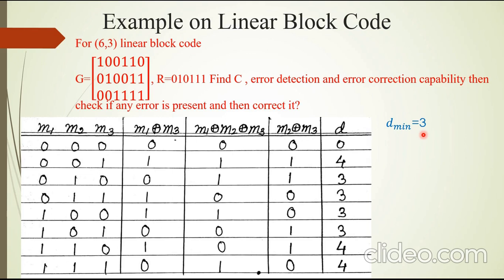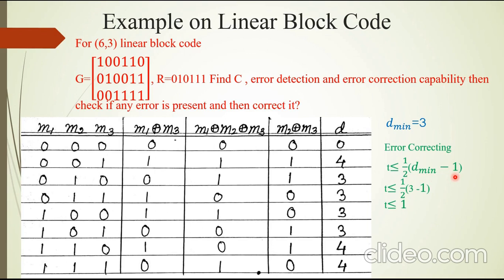Okay. So now, if I have to find out the error correcting possibility, there is a formula for it, and that is t less than or equal to 1 by 2 into d minimum minus 1.